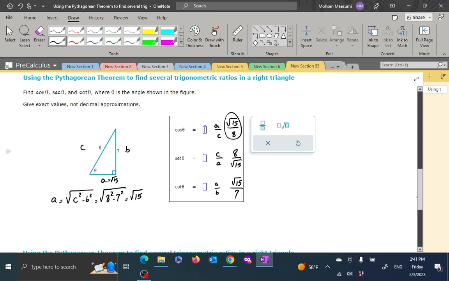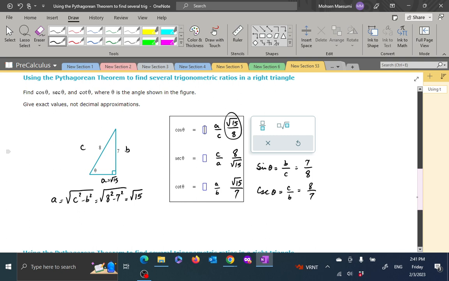How about the other ones? How about sine? Sine of theta is going to be the ratio of opposite over hypotenuse. So that's going to be 7 over 8. That doesn't need the Pythagorean theorem here. And then what else? Cosecant of theta is hypotenuse to the opposite, so it's the reciprocal of this, 8 over 7.